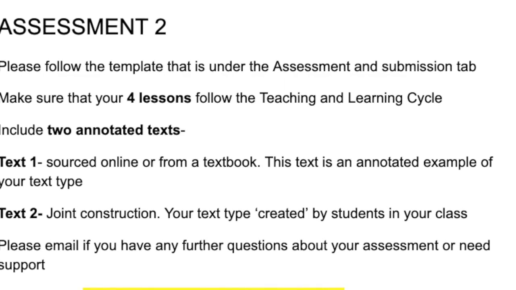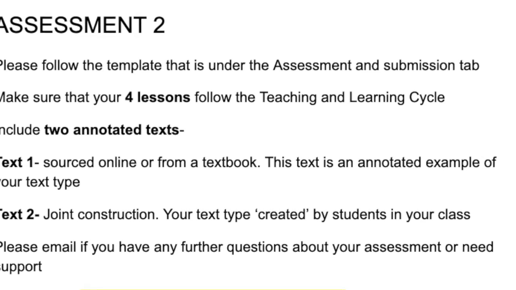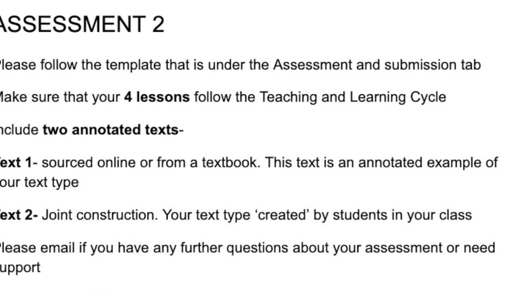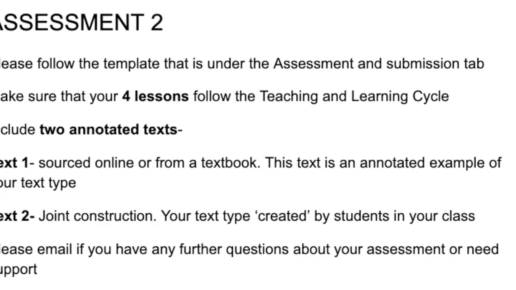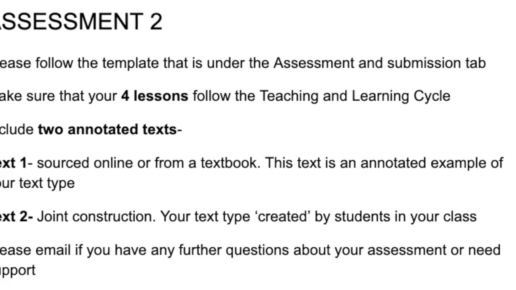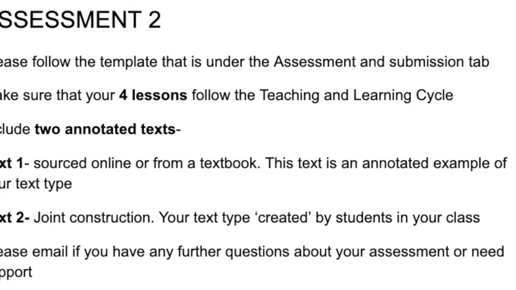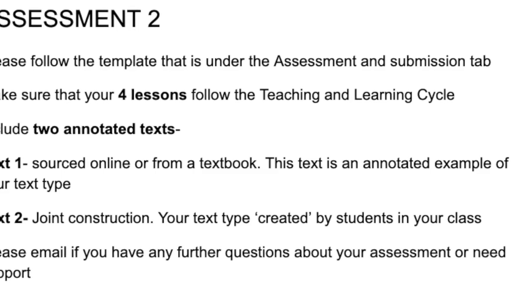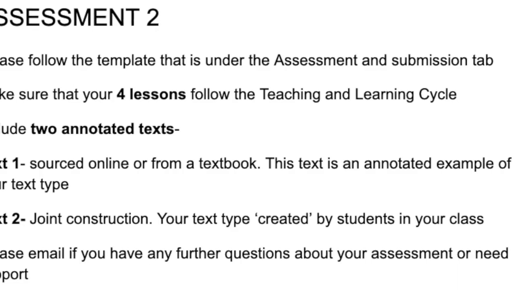It's created by students in your class, your imaginary class, because we're not really carrying out a joint construction. A few people have done one in their prac and they're quite welcome to use that joint construction within their assignment. So if you have any further queries or questions, just email me, or if you need any further support.